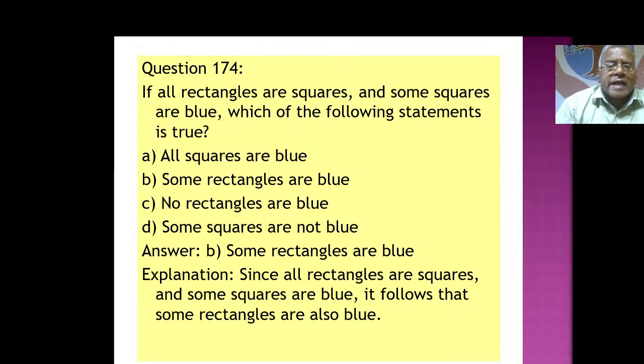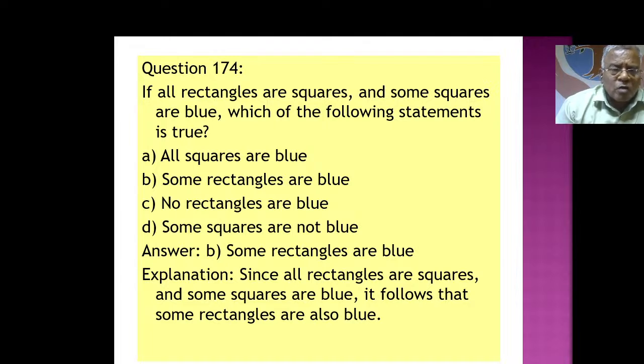If all rectangles are squares and some squares are blue, which of the following statements is true? All rectangles are squares and some squares are blue. So all squares are blue, not at all possible. Some rectangles are blue, it can be there, yes. No rectangles are blue, we cannot say.